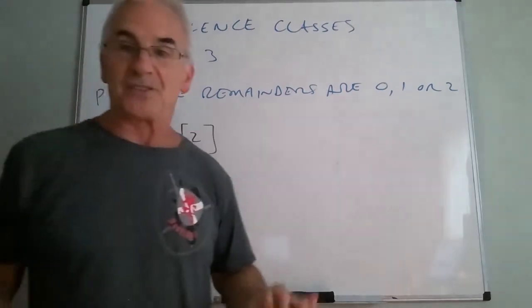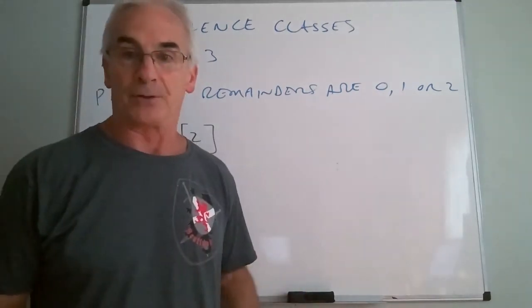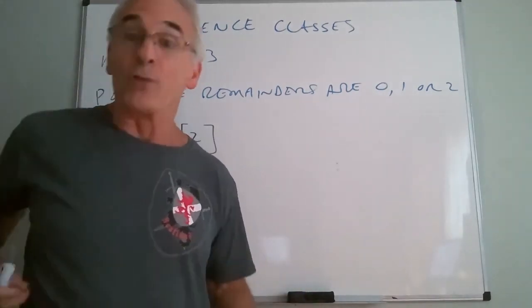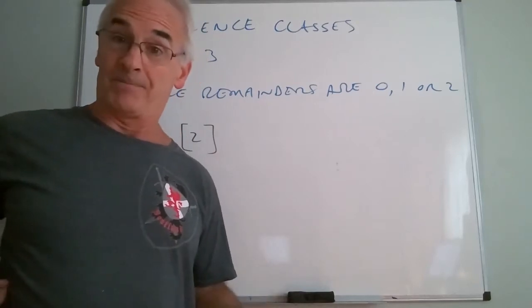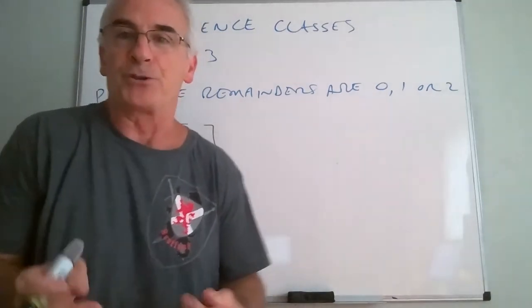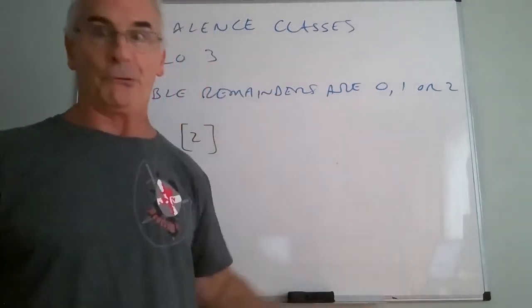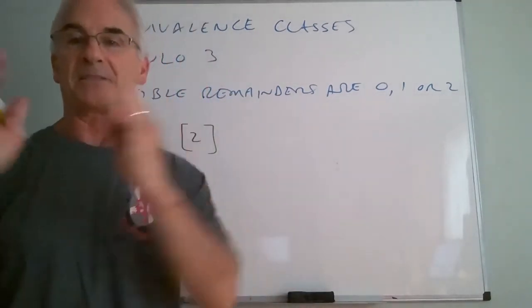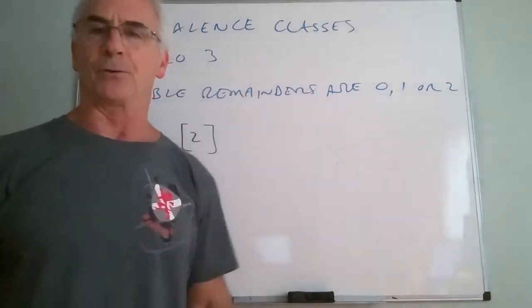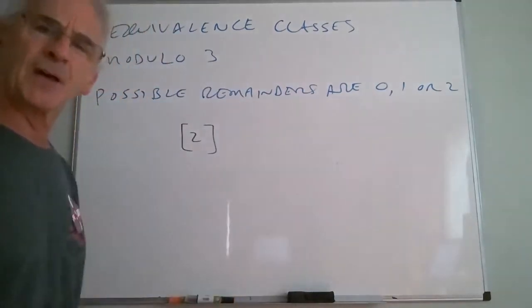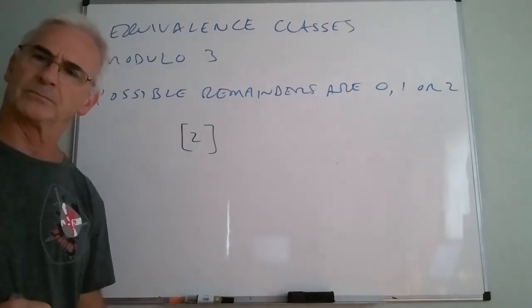This represents an infinite number of values, all of which will have the same remainder. Now, the number 2, when I'm dividing by 3, obviously has a remainder of 2, because I get 0 plus 2. Can you think of another number that has remainder 2?